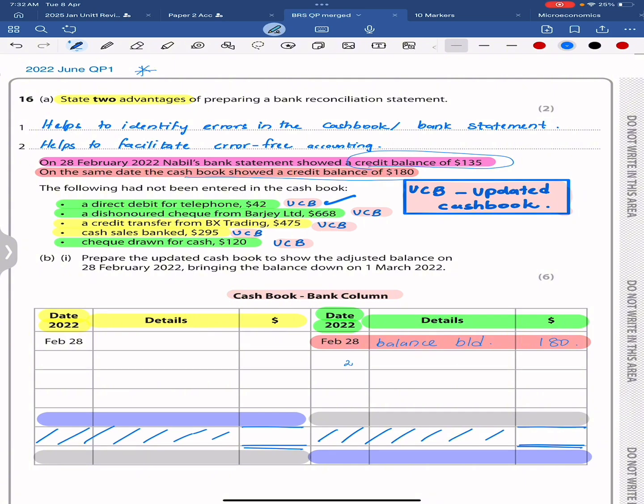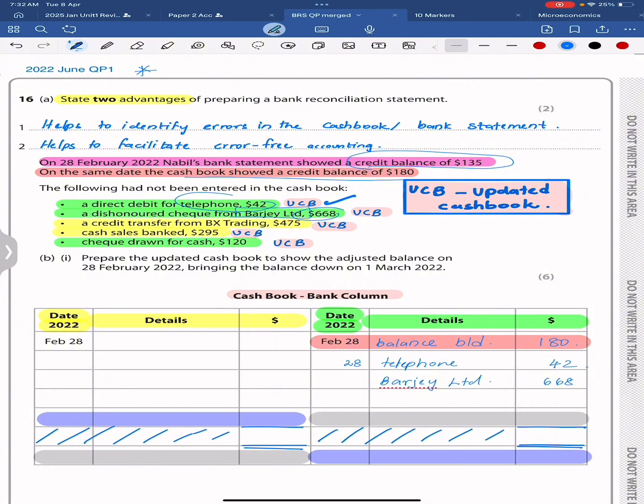Assuming all these transactions occurred on 28th, there's a direct debit for telephone 42, and a dishonored check from Bajaj Limited 668. You can simply write the name of the person.